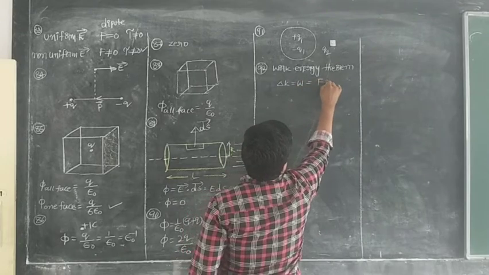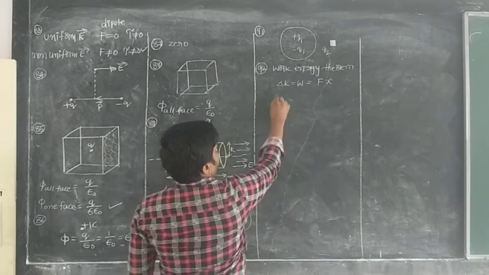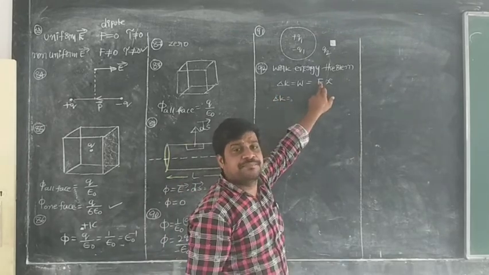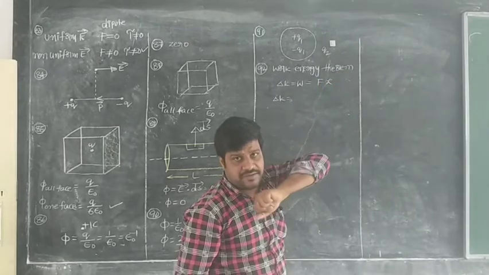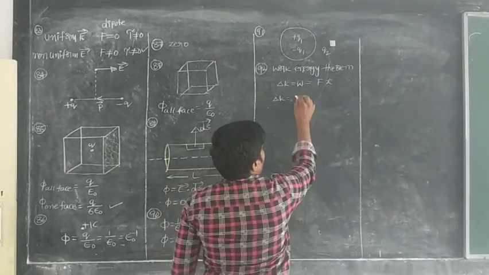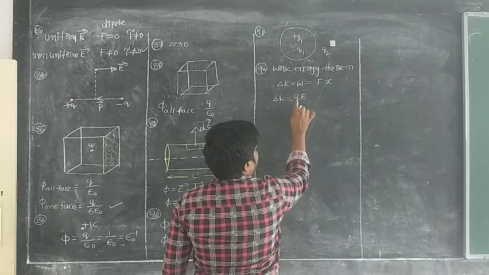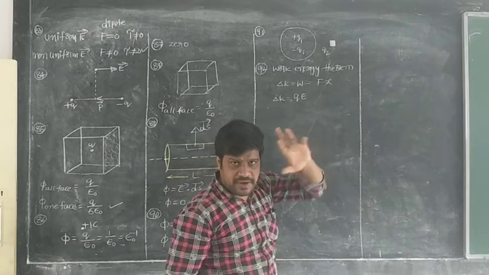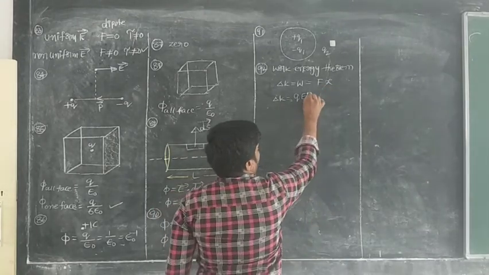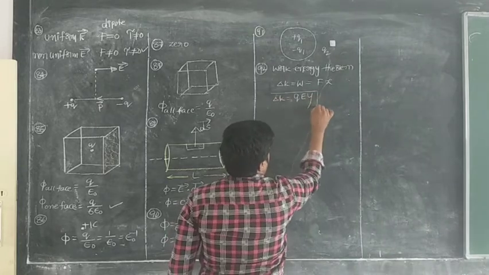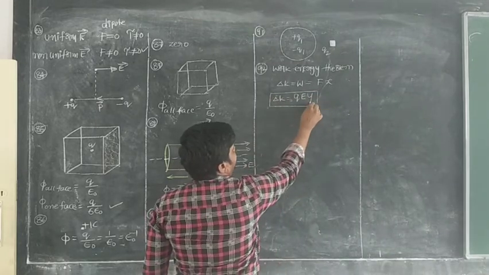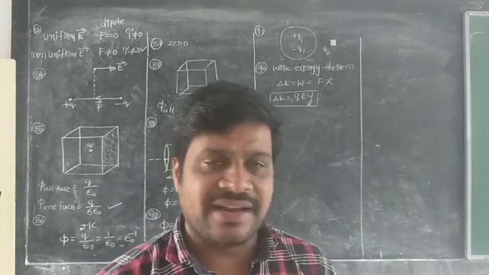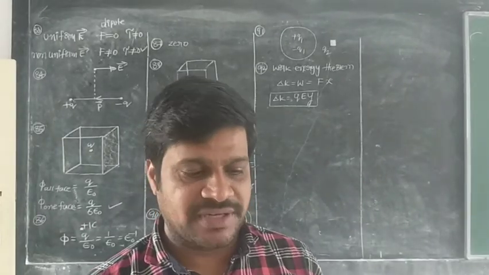Work done equals force into displacement. Inside the electric field, the force experienced by the charged particle is qE. Displacement in the problem is given as y. So the kinetic energy of the charged particle inside the electric field is qEy. This answer is the third option, so the third option is correct.